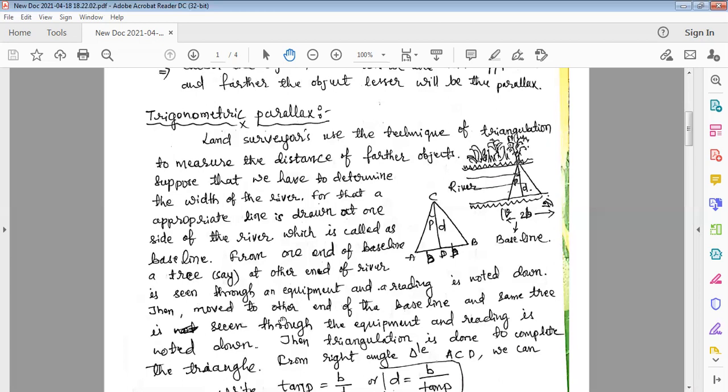Then move to the other end of the baseline, and the same tree is seen through the equipment, and the reading is noted down. So you are moving to the other end of the baseline, and you will stand here, and you will look at the tree again, and you will note down the second reading.